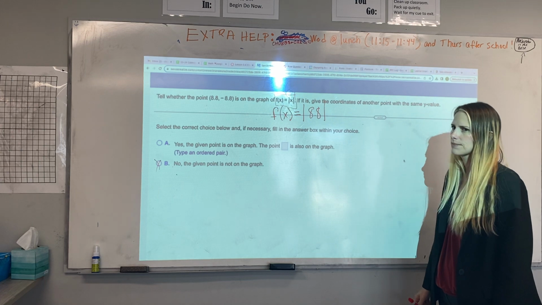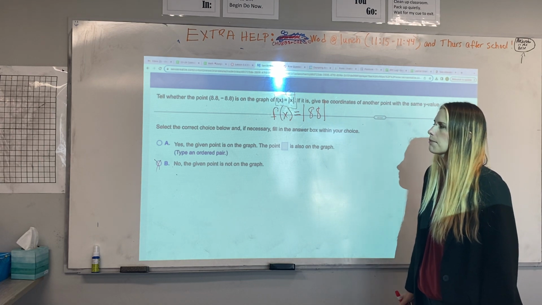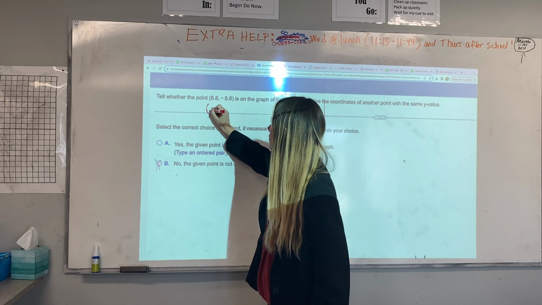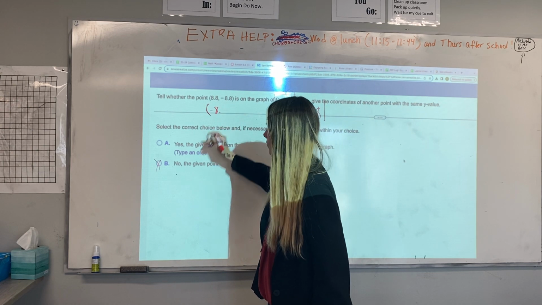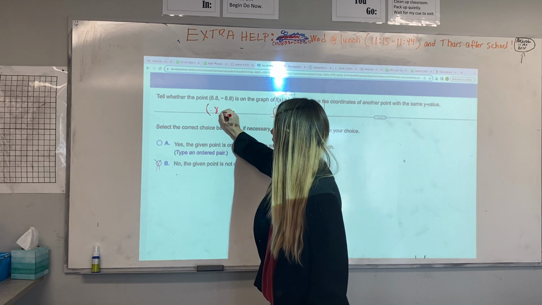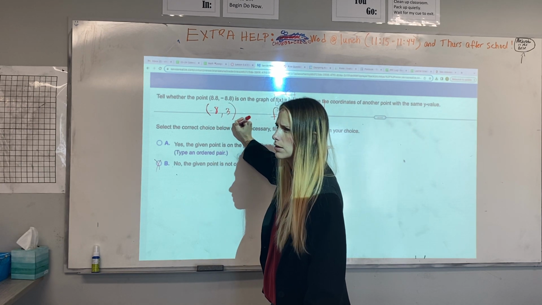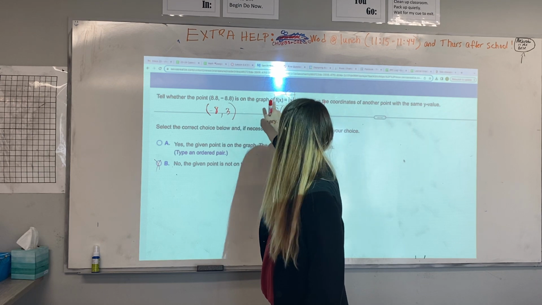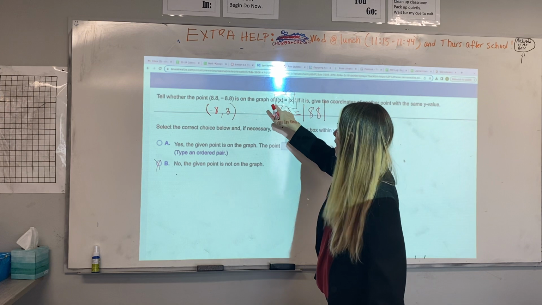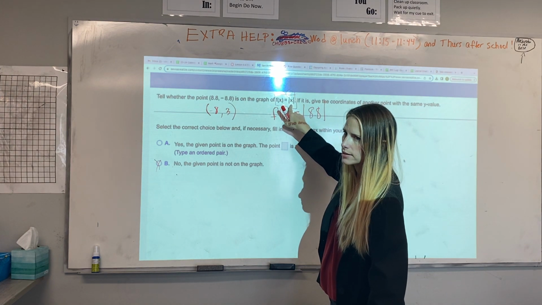Oh wait, would mine be mine? What does yours say? Mine is -8, 3. Yours says -8, 3. It's still the same answer. Is it the same function? Is it f of x equals the absolute value of x? Yeah.